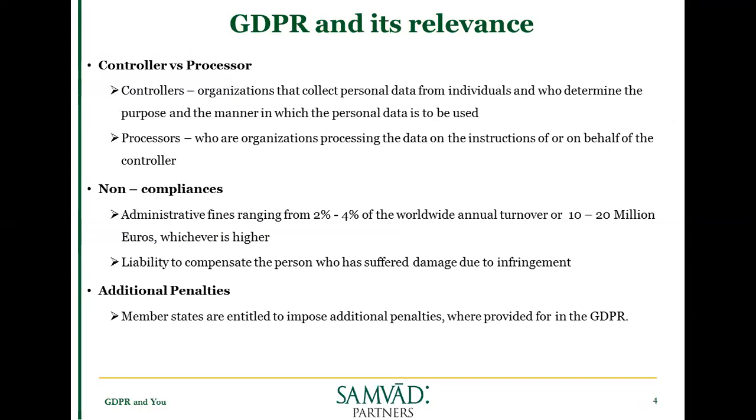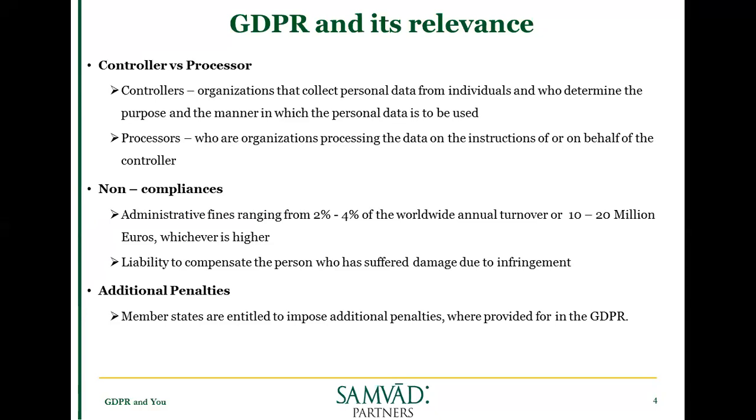Now, if you're handling data of EU residents, you can be categorized either as a controller of data or as a processor of data. A controller of data would mean an organization that collects personal data from individuals and also determines the purpose for which the data is collected and the manner in which the personal data will be used. So essentially, they are the decision-making bodies with respect to how data will be used.